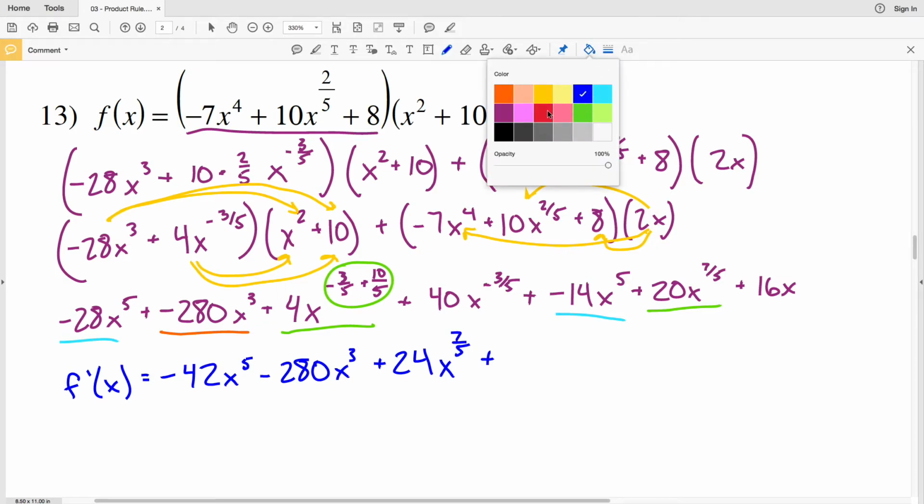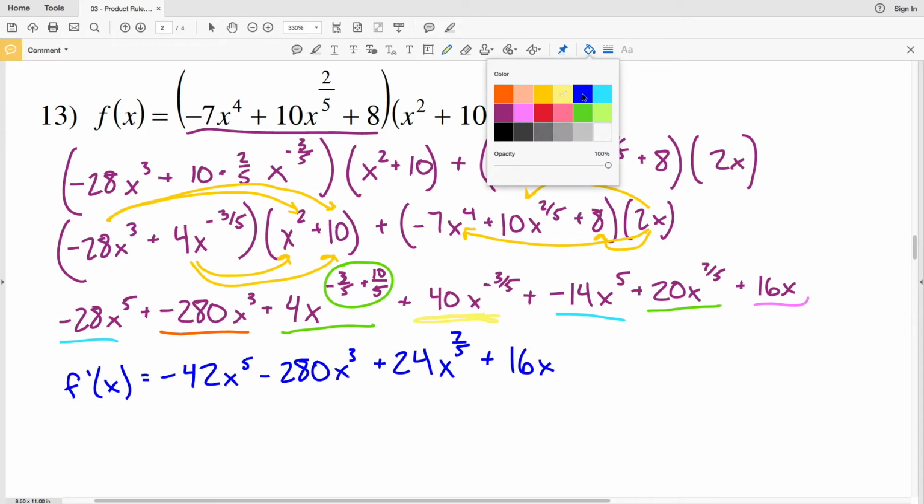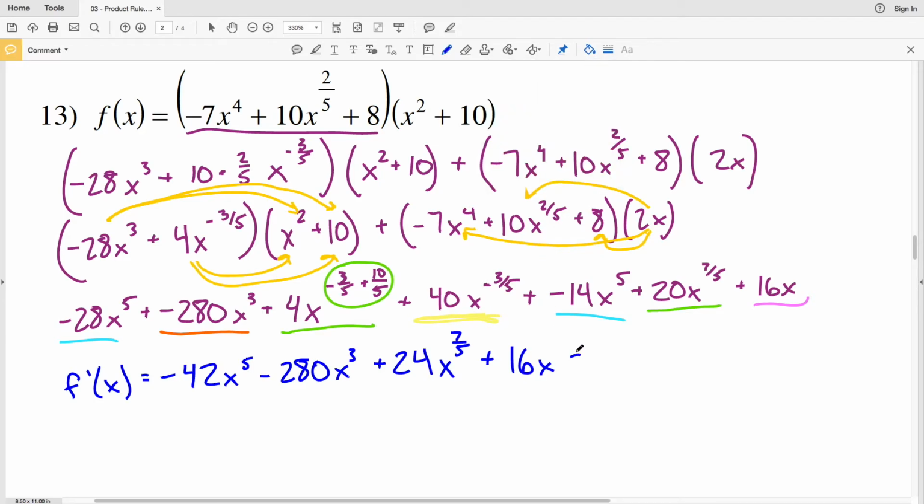And then I'll add that to 16x, and there's no other term that can be combined with 16x. And then lastly, my 40x to the negative 3/5, and that's going to be added, but because this exponent's negative, I'll write x to the 3/5 in the denominator.